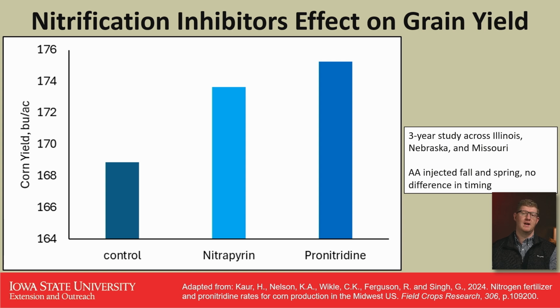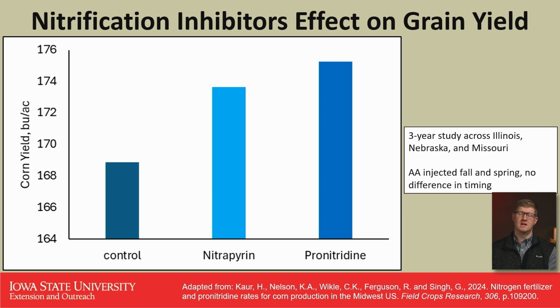And so I know that this figure may be a little bit misleading without context, because it might look to you like there was a pretty big increase in yield. But if you notice the scale on the left-hand side, we're pretty zoomed in. And so really we're talking 169 bushels with no inhibitor and maybe 175 at our highest there with Centuro.